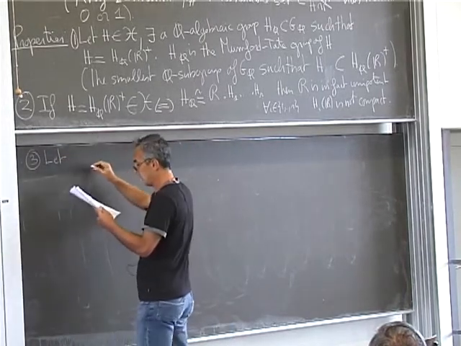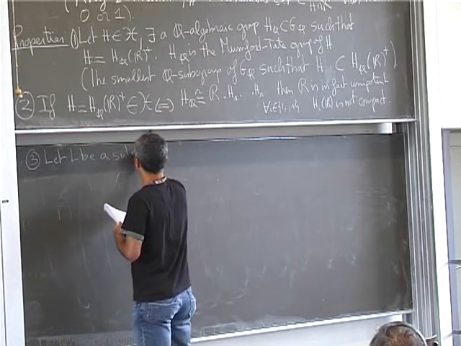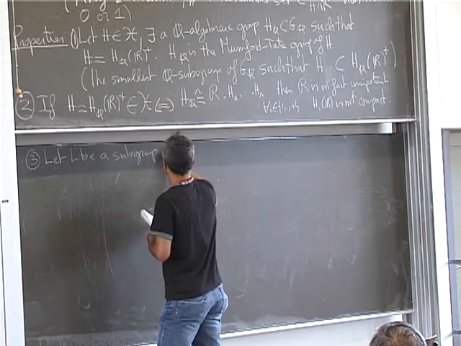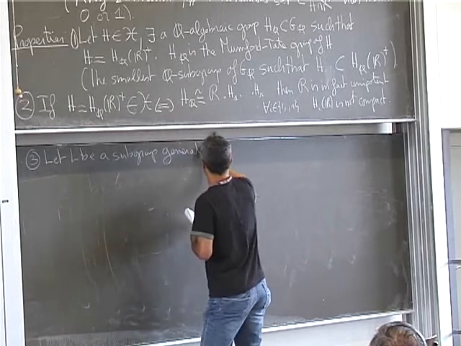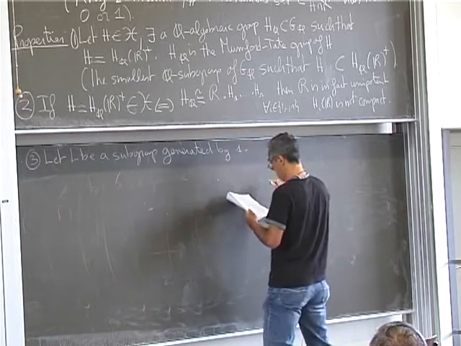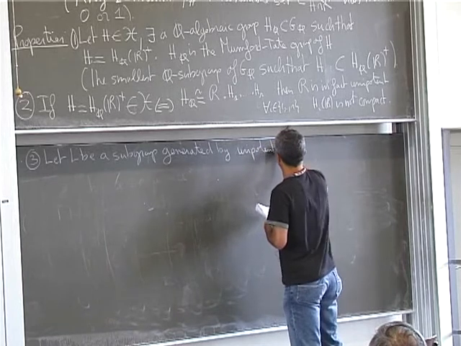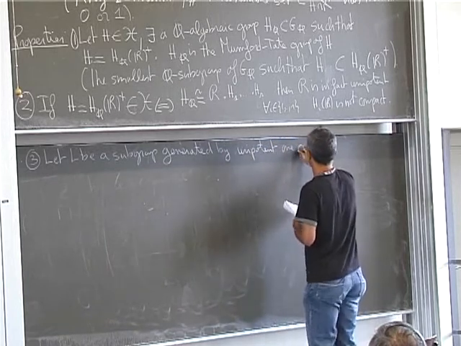So let L be a subgroup generated by unipotent one-parameter subgroups.